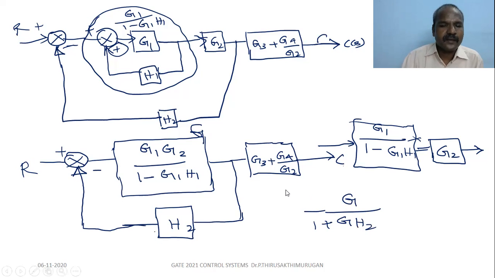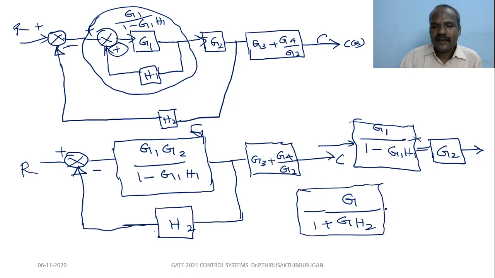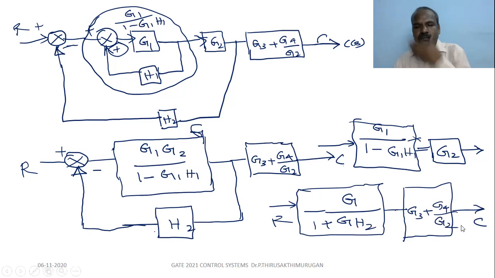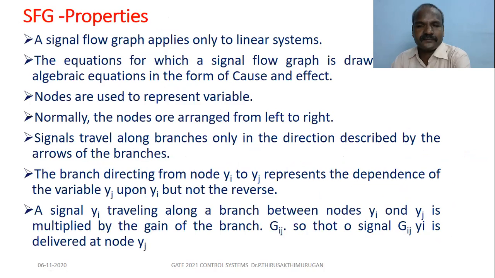Okay, so this comes here. Finally this value and this G3 plus G4 by G2 block are in series. So if you multiply these two, you will easily get the transfer function C by R. If you multiply this, you will get the final answer.